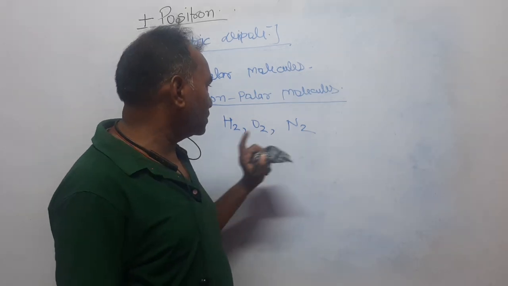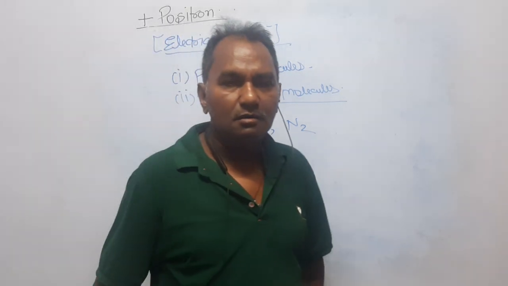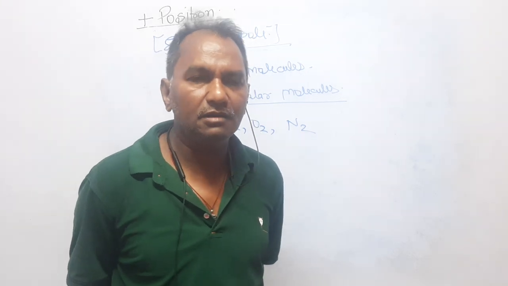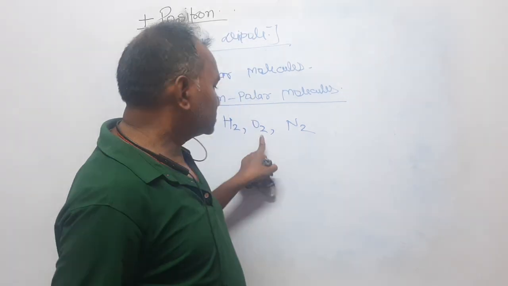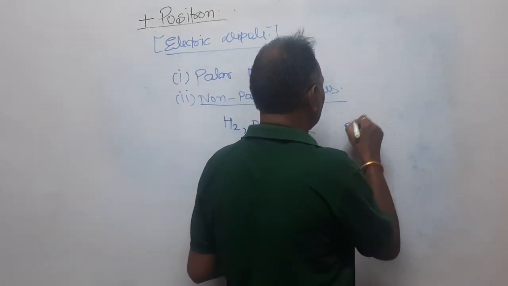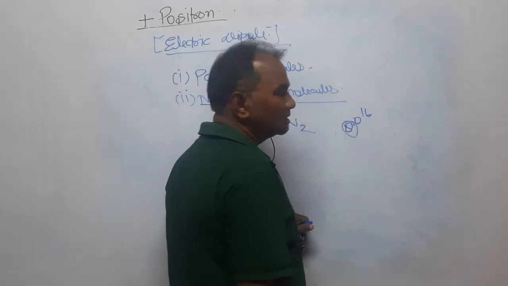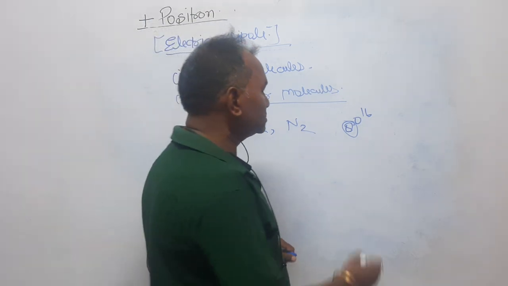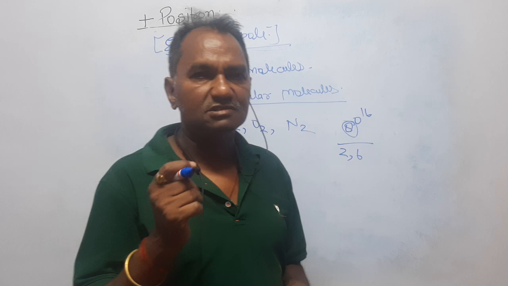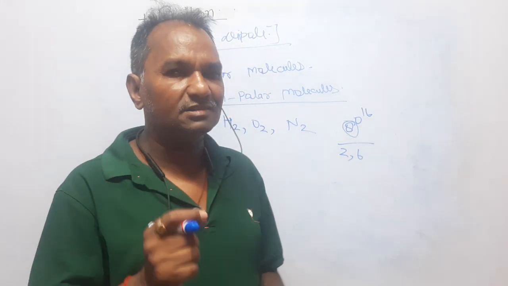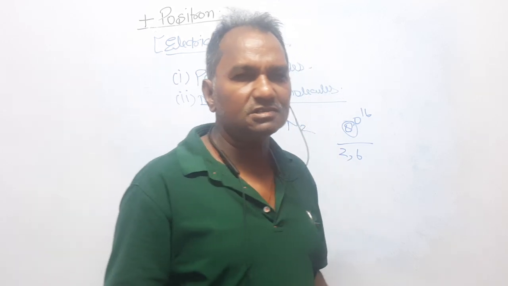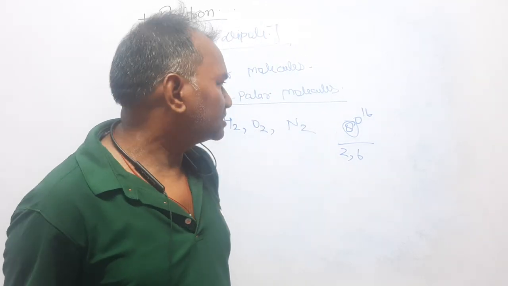H2, O2, N2. Hydrogen has atomic number 1, so it has 1 electron, which lives in the first orbit. Oxygen is 8O16, its atomic number is 8, so its electronic configuration is 2,6. The outermost orbit has 6 electrons, so it lacks 2 electrons to complete the octet.